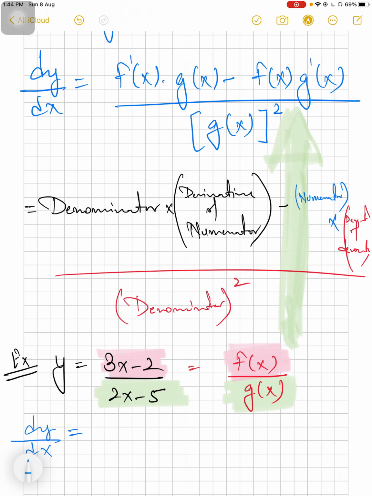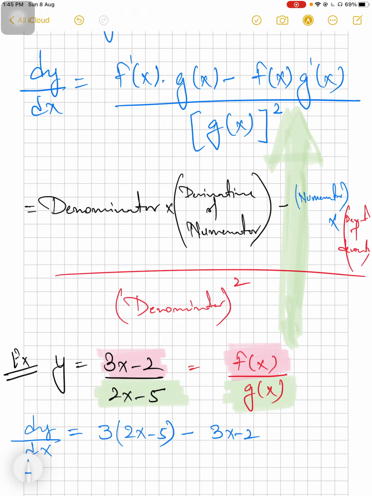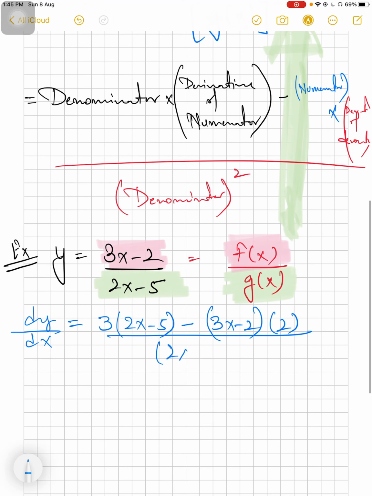So first is f dash of x, that means derivative of 3x minus 2, which is 3, into g of x, which is 2x minus 5, which remains as it is, minus f of x, 3x minus 2 again as it is, times g dash of x, which is the derivative of 2x minus 5, that will be 2, divided by 2x minus 5 whole square.